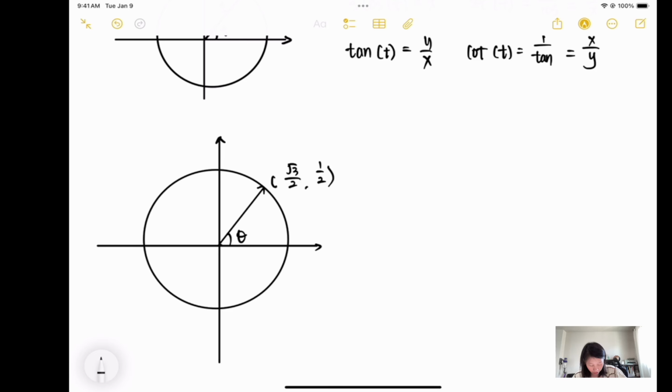This is our theta. So our sine theta is equal to y. What's our y value? Our y value is 1/2.